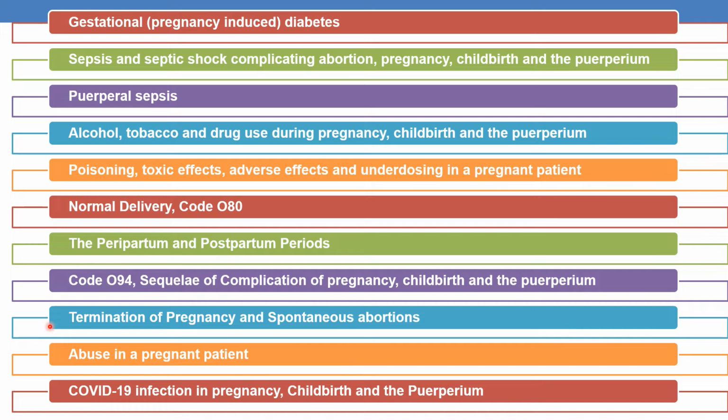Next is termination of pregnancy and spontaneous abortions, abuse in a pregnant patient. Finally, COVID-19 infection in pregnancy, childbirth and puerperium. These are the overall guidelines that we are going to discuss in the entire chapter, and we will discuss each guideline in a specific part.